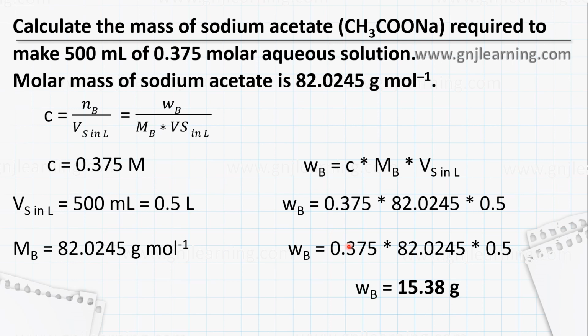So if you want to get a 0.375 molar solution of 0.5 liters or 500 ml, what you have to do is take 15.38 gram of sodium acetate and dissolve it to make a solution of 500 ml. Clear? So this is about molarity here.